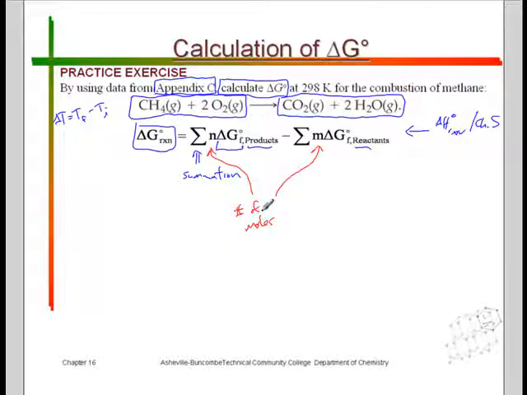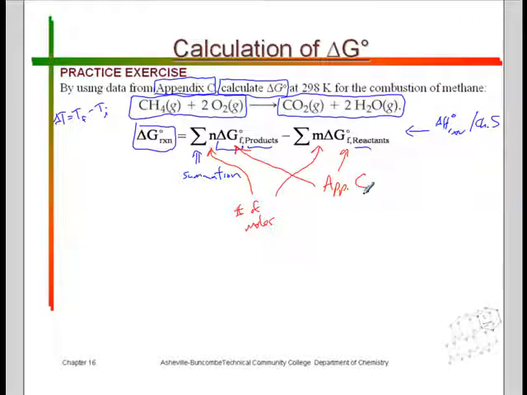So the number of moles, 1, 2, or 3, is going to affect whatever you're calculating, whether it's delta G, delta H, or S. So keep that in mind. And then again, these values are just from Appendix C. You will want to look at that part of the book. That'll be given to you on the test. I don't ever expect you to memorize such a large table. That's madness.